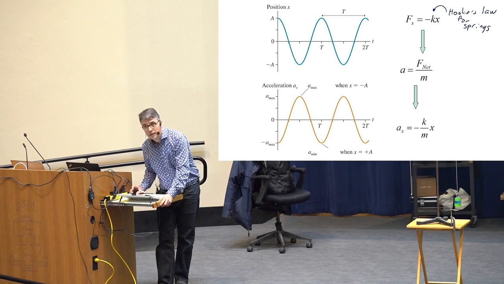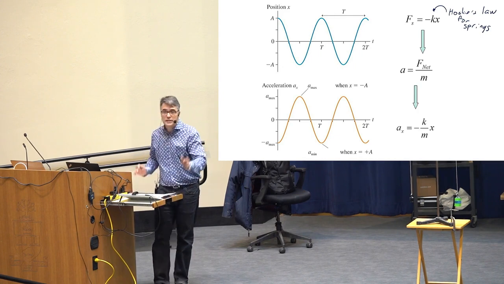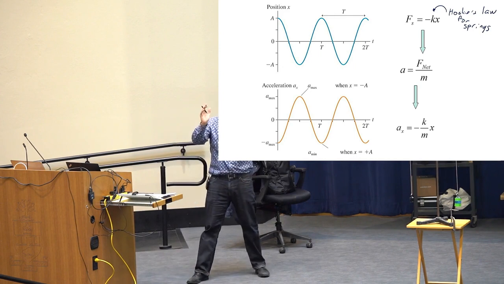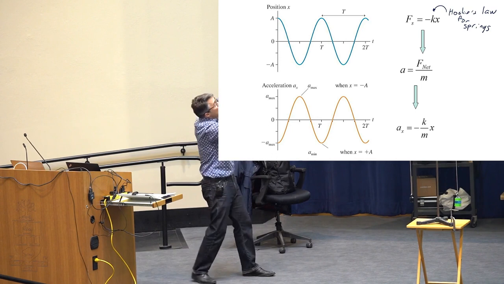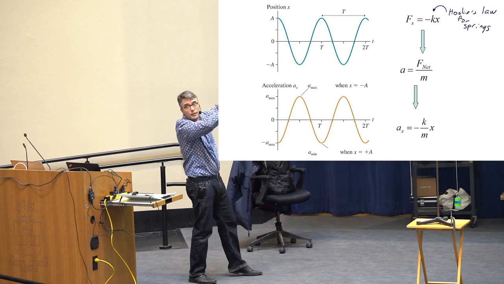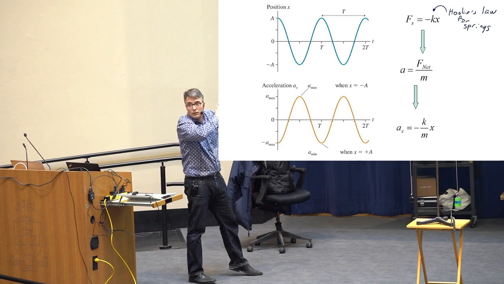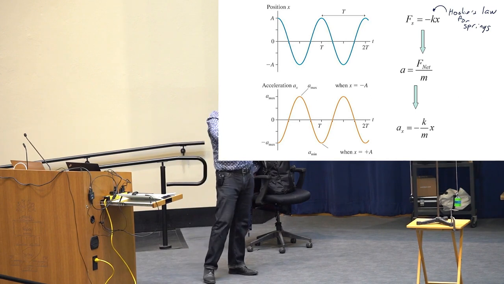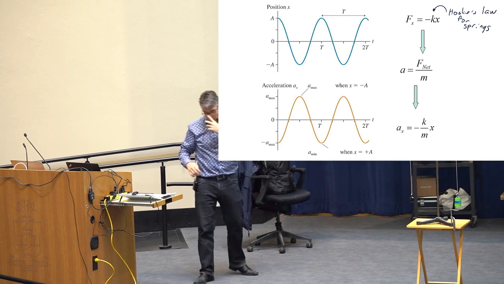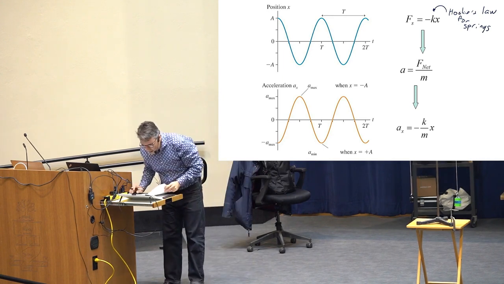And when you combine them, you get this. The acceleration is negative some constant times x. So if you look at the graph, it's just flipped upside down by that negative number. When position's maximum, then the force is the most negative, and so on. And there's a velocity somewhere in between.